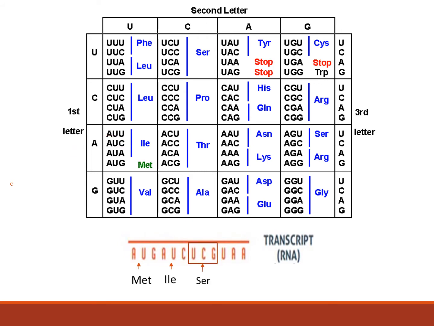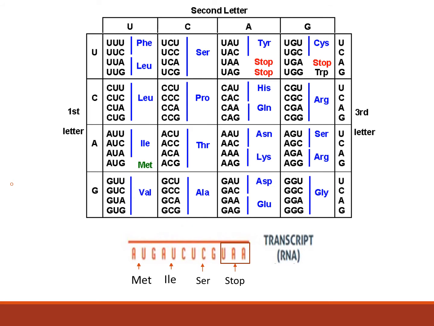Our next codon is UCG. So again, we'd look for the uracil on the far left, so we know we're in the top row. The cytosine on the top, so we know we're in the 2nd column, and then we just look for the guanine as our 3rd nucleotide. And so UCG, that codon, really translates into the amino acid serine, which here is abbreviated as SER.